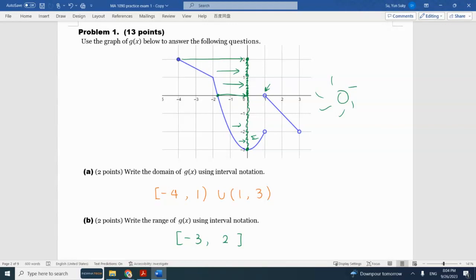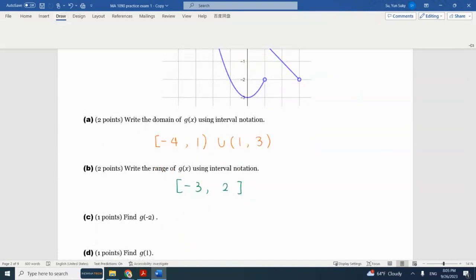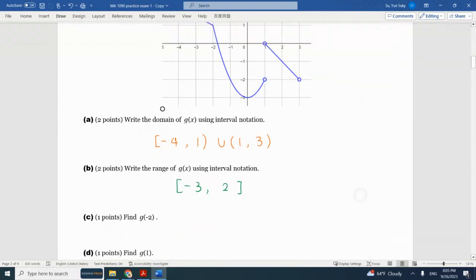Thank you. Okay, and then let me erase this. Part C, we want to find g of -2. Well, this means our x is -2.